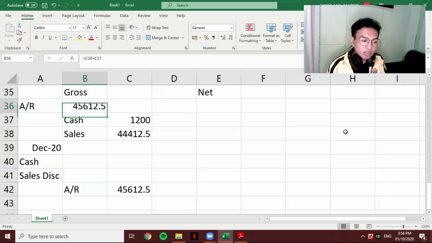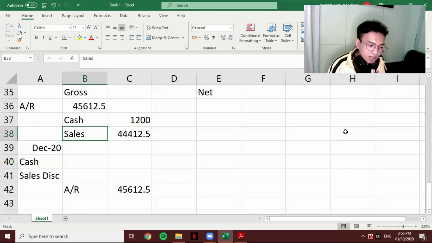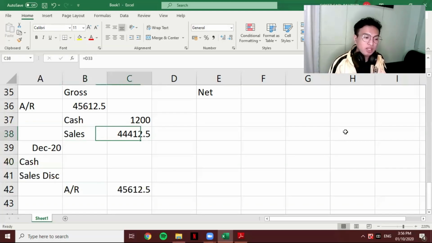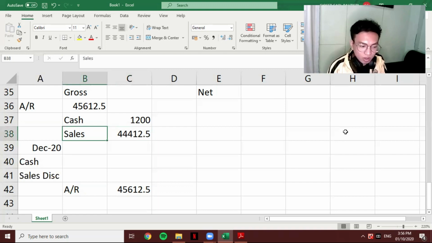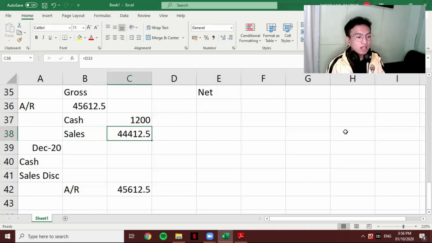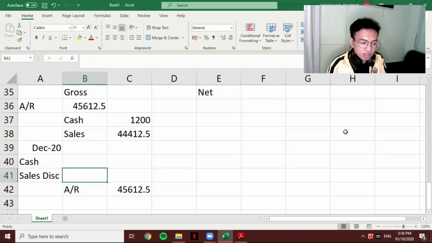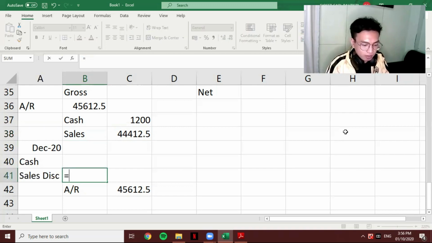If you're using gross method, wala pa tayong ina-assume na 2% discount sa ating sales onset of the problem or onset of the sale. Wala siyang na-record na 2% discount, only the trade discount. Now, how do we record the sales discount? Let's just get the 2%, 0.02 of not 45,612, but your sales.